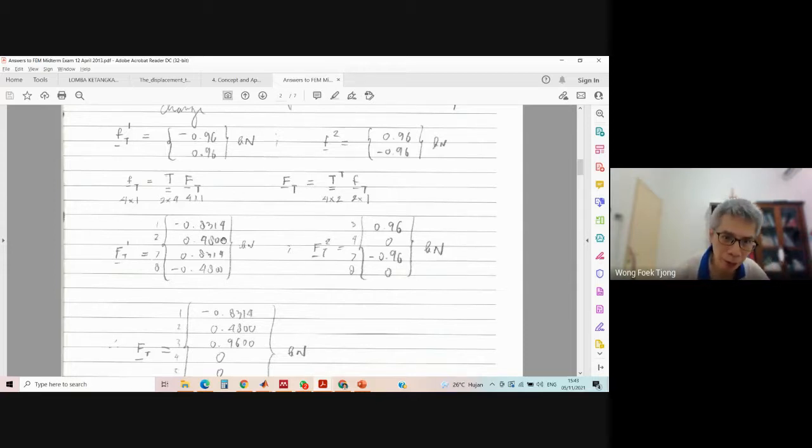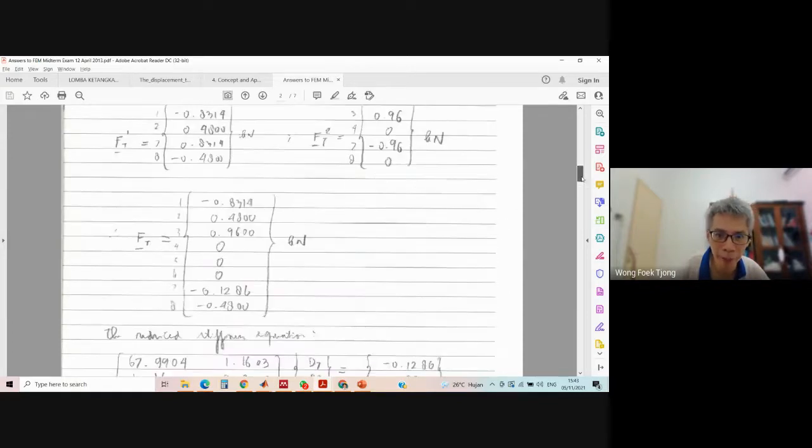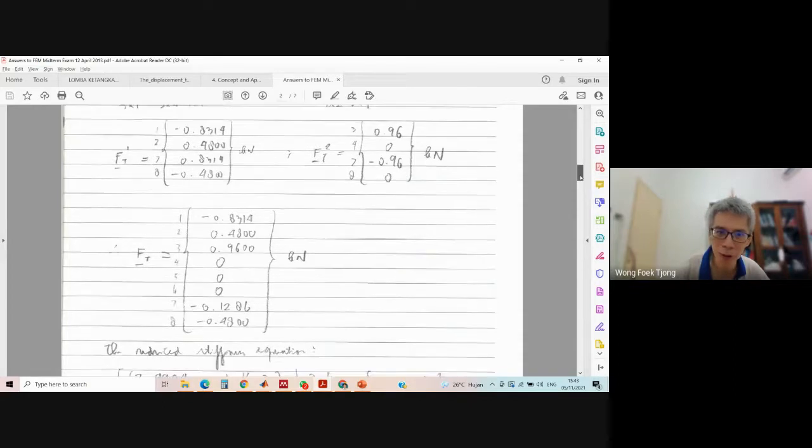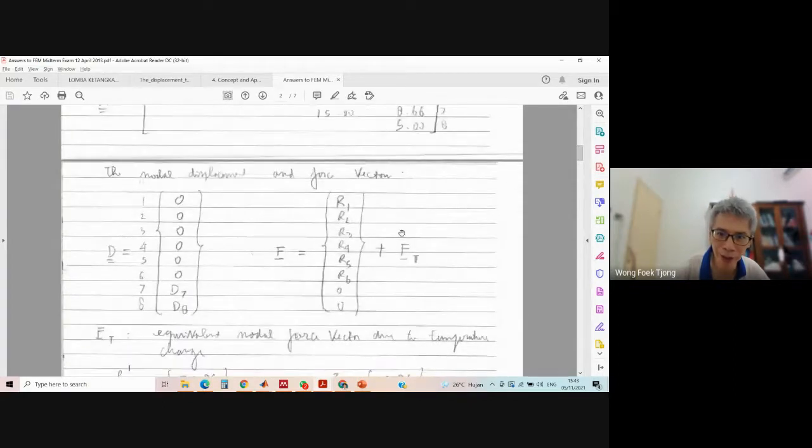From 2 by 2 becomes 4 by 4 because of the transformation. This is due to temperature. And then we assemble as usual using the M-code. Using the M-code, we assemble, we obtain what we want. That's this one, right?